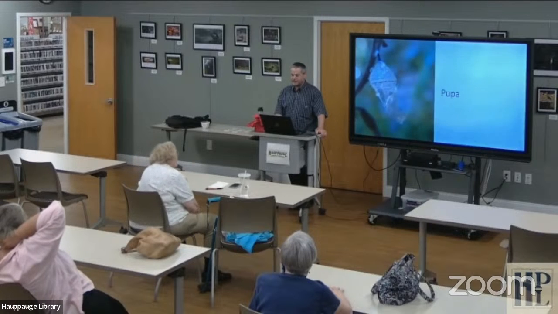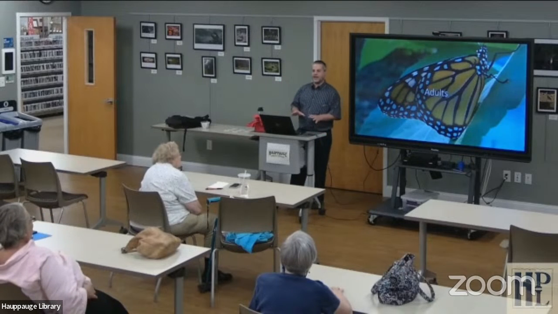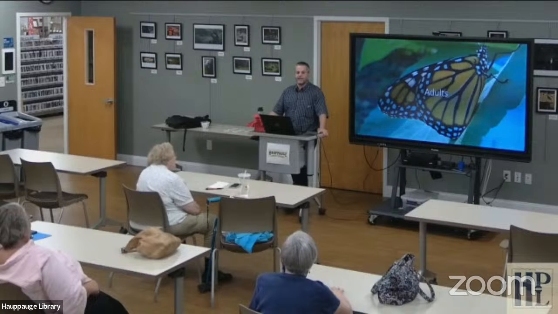So once they emerge as adults, their primary job is now reproduction. That is their main focus. They want to mate and lay eggs and foster the next generation. So monarchs will mate after about anywhere between 3 and 8 days after they emerge.